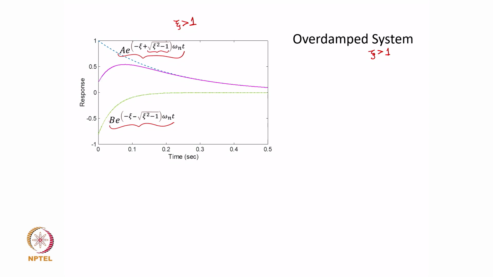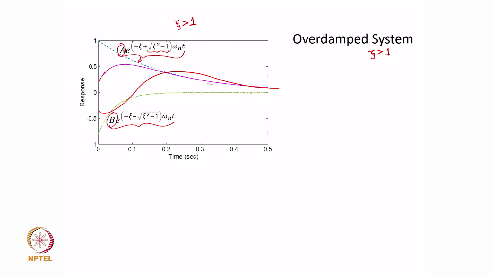So, depending upon the values of A and B, which obviously are again a function of the initial conditions, you will have one term which is exponentially decaying like this, the second term exponentially decaying like this, and the overall response might look, for a given A and B, like this. Okay. Sometimes you might find that the response could be like this, but eventually it will all fall to 0, okay, as time progresses.